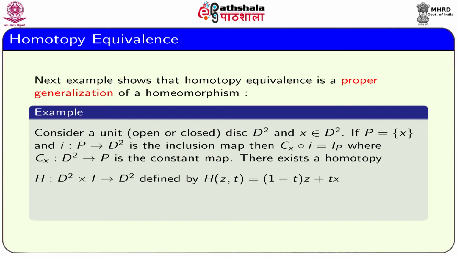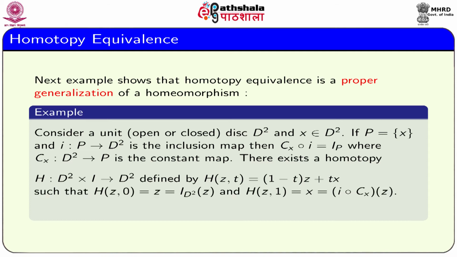There exists a homotopy H from D2 cross I to D2 defined by H(z,t) equals (1 minus t) times z plus t times x, that is, the convex combination of x and z. Now this H is certainly continuous.